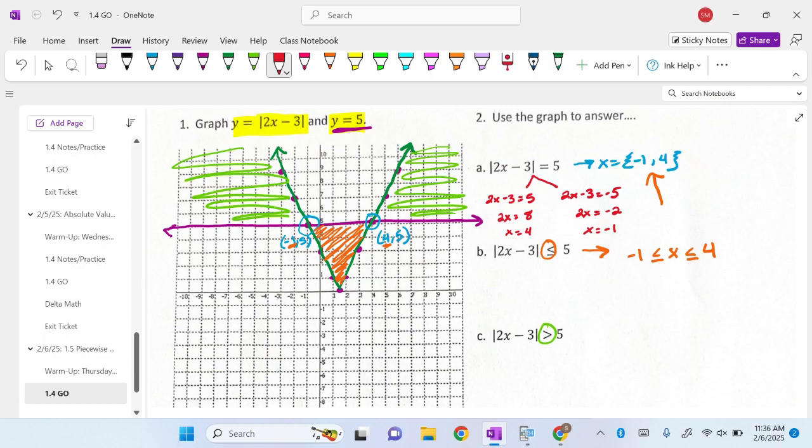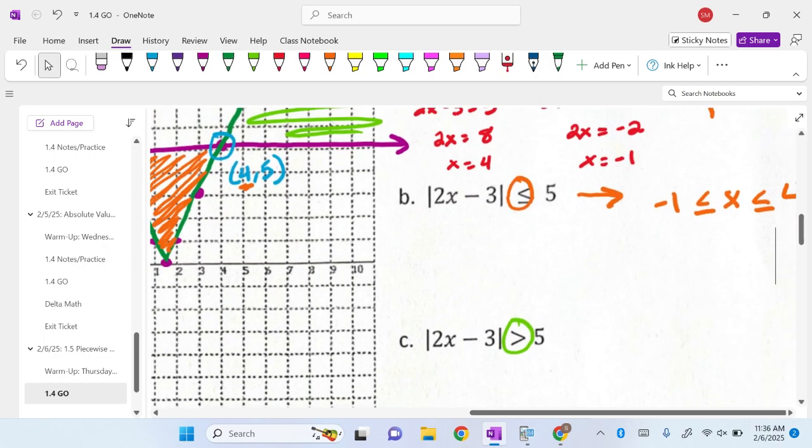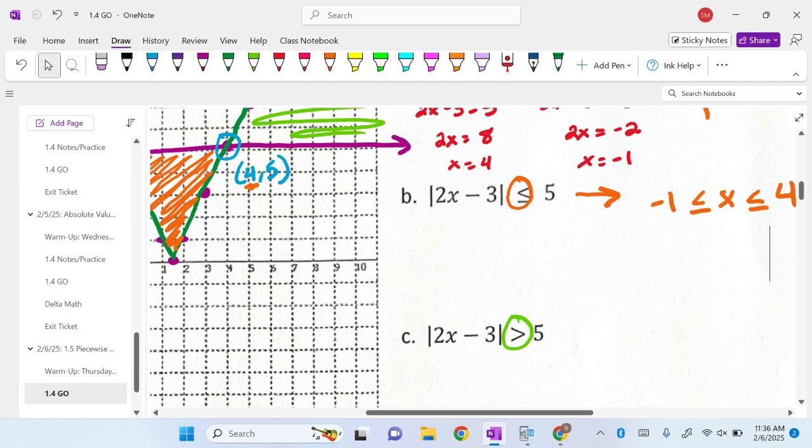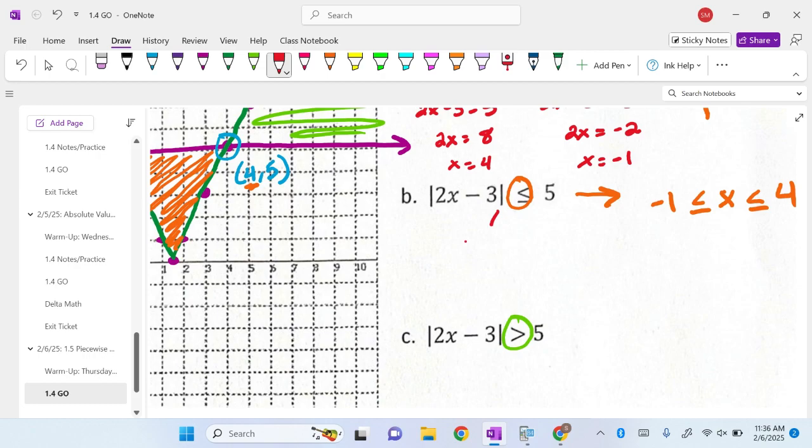Now, if we solve that algebraically, like we did yesterday, you would start out by writing this as a compound inequality. So you have the 2x minus 3 in the middle with a less than or equal to on either side. Now remember, the rightmost side is the positive version of your number, so the 5, or what you originally had, whereas the leftmost is the opposite, so the negative. So 2x minus 3 should be somewhere between -5 and +5.